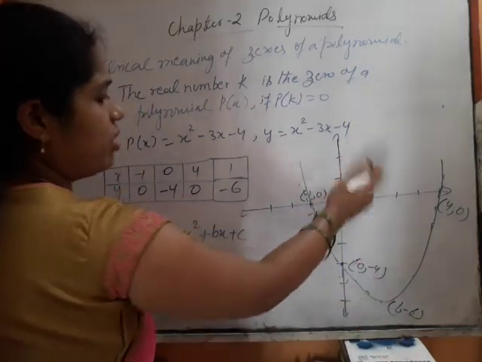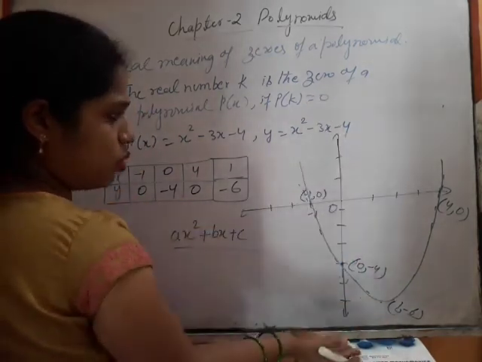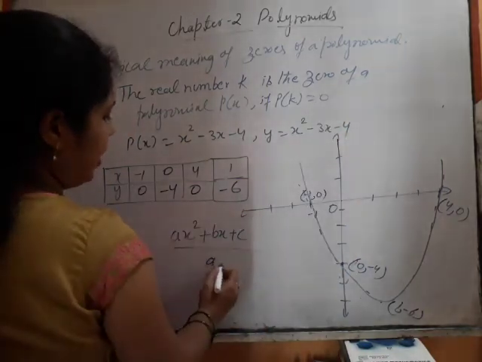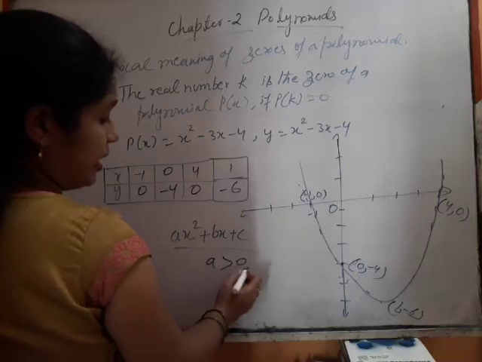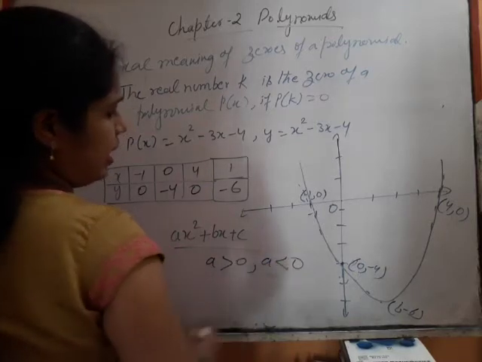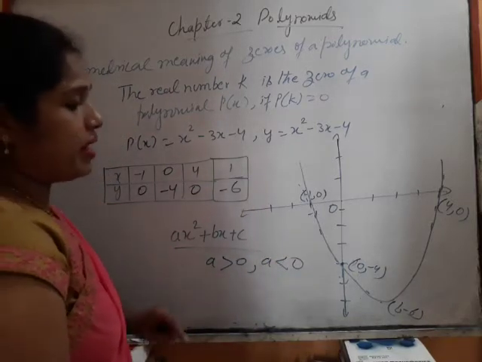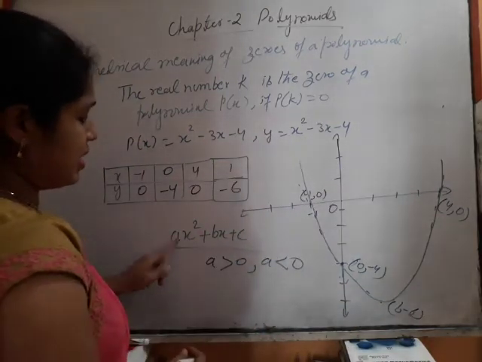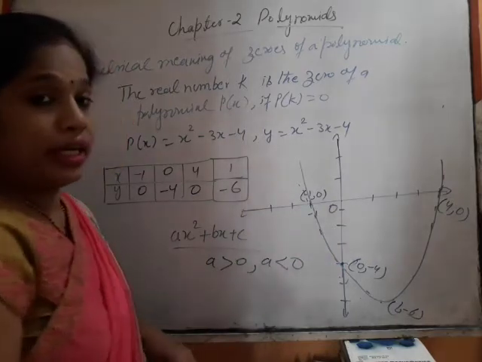This graph will be upward or can be downward, depending on whether a is greater than 0 or a is less than 0. When a is greater than 0, the graph will be upwards, and when a is less than 0, the graph will be downwards.